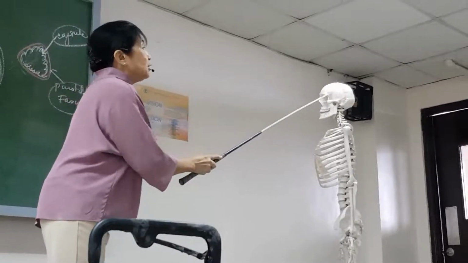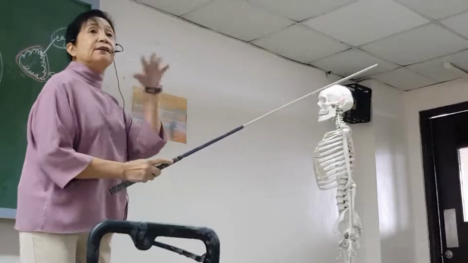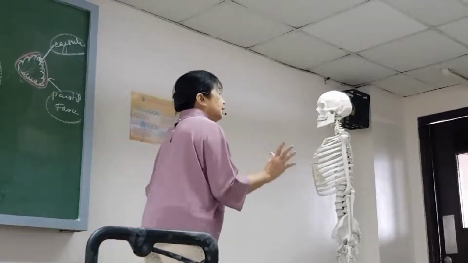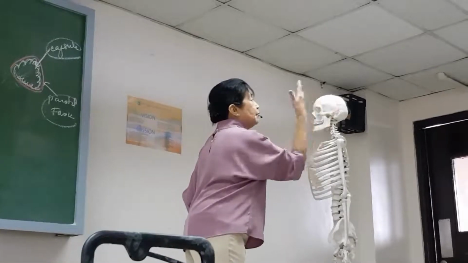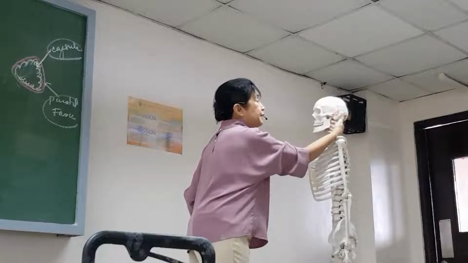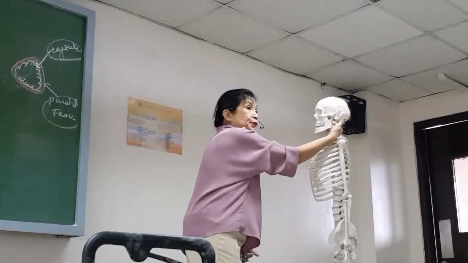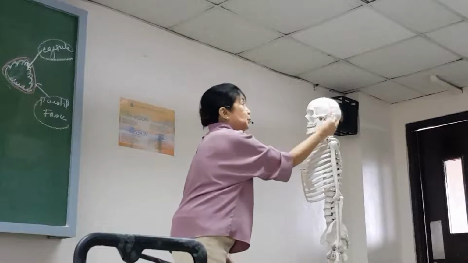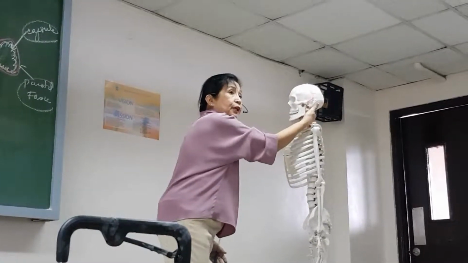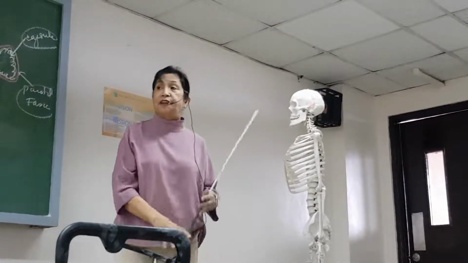So we study the structures that you find here in the temporal fossa, the muscles, the nerves, the blood vessels, and then the fascia. And if this is temporal fossa, where my hand is, between the ramus of the mandible and the pharynx, kung saan nandun ang kamay ko, infratemporal fossa. Infra means below. So you study temporal fossa, you study infratemporal fossa. So you study all the structures that you find there.